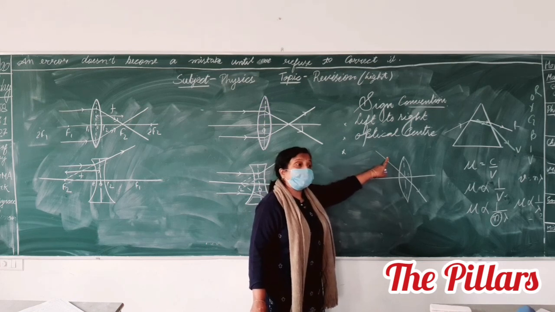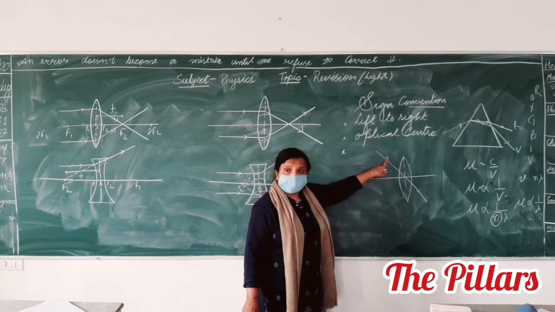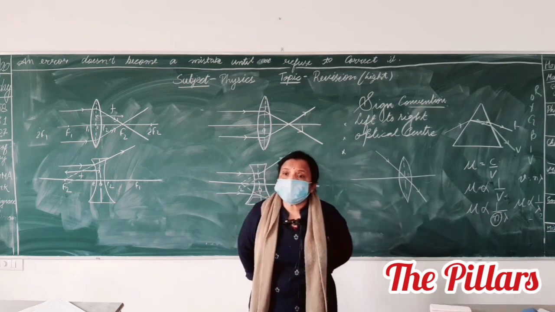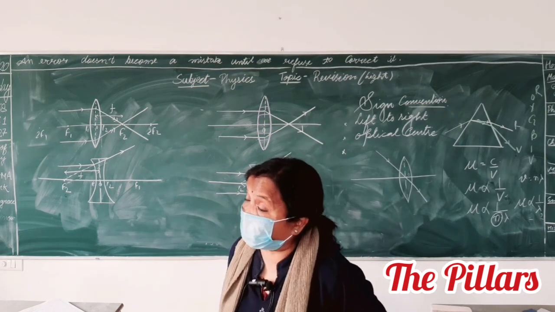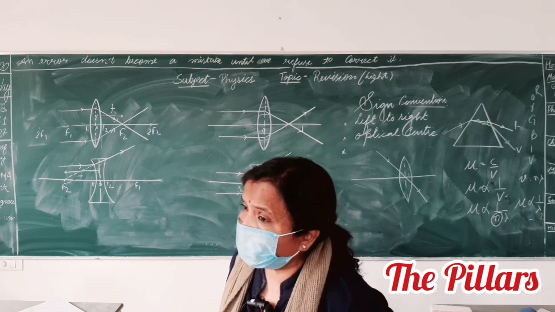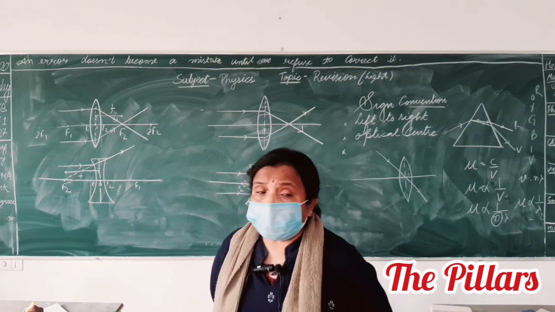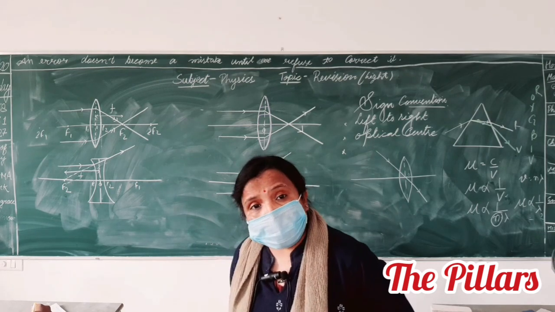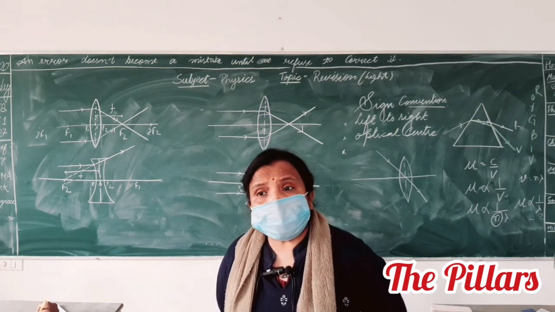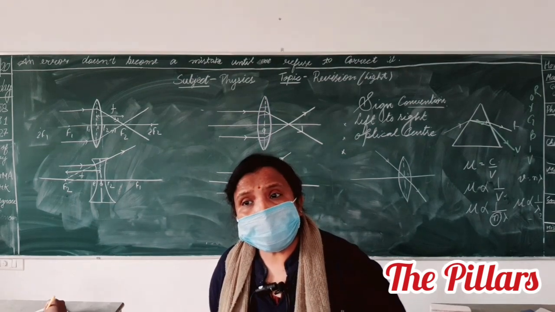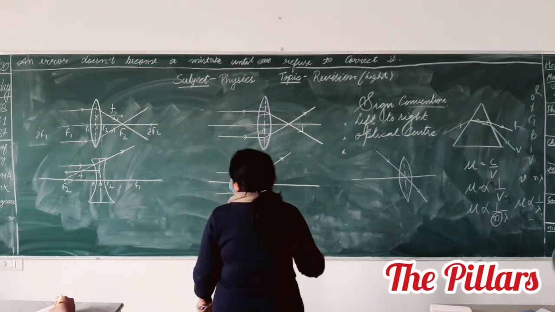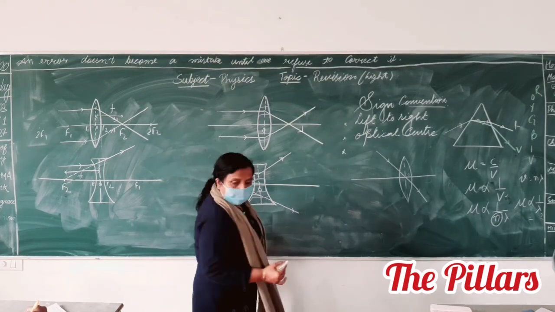Along the direction of light will be positive. All the distances measured in the direction of light will be what? Positive. Next, all the distances measured against will be negative. Above the principal axis? Below the principal axis? Negative. Okay.